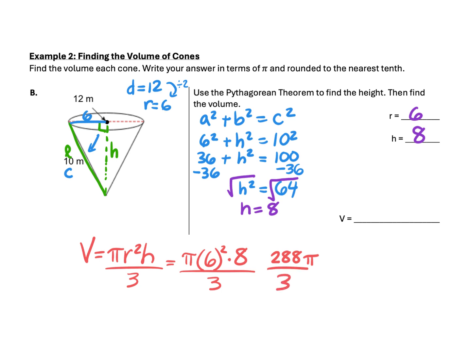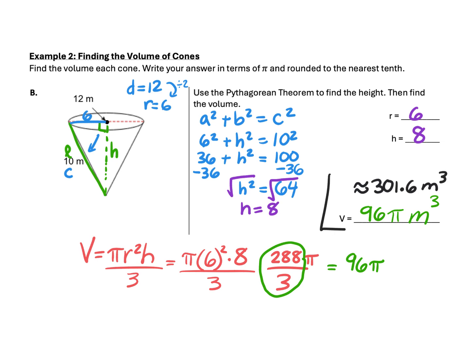Again, I want to leave the pi in my answer until the very end when I round. So I'm going to take 288 and divide that by 3, and that is 96. So our volume, the exact volume, is 96 pi cubic meters. For the approximate, just put 96 pi into your calculator, and you'll end up with the approximate value from the calculator, 301.6 cubic meters.